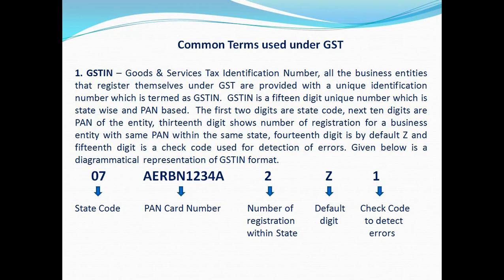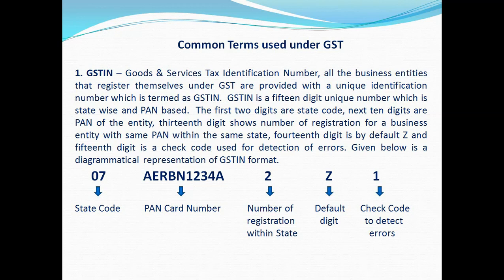The 15 digits of the GSTIN have their own relevance, and now we'll discuss the bifurcation of these 15 digits. The first 2 digits of the GSTIN are the state code. Under GST, every state has been assigned a state code, and the state from which you are applying for GSTIN determines your first 2 digits. For example, the state code of Delhi is 07.